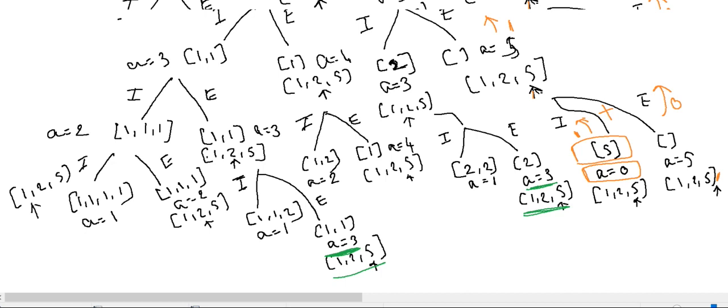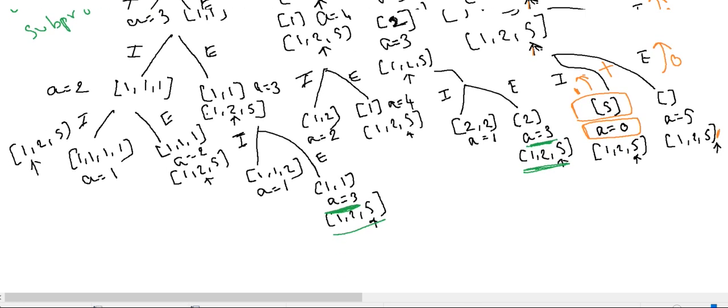But if you look at these two problems that I have underlined in green, those are overlapping subproblems. So I found overlapping subproblems in my implementation. Okay, I just wanted to show you that.